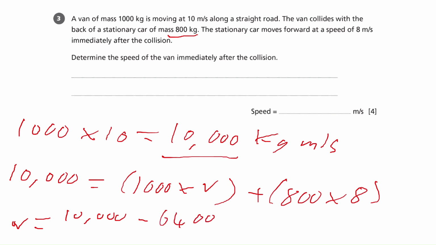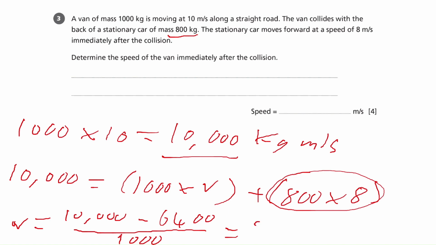Where did I get that 6,400 from? That is the 800 times 8. Divide that by 1,000, which gives us an answer of 3.6 meters per second. So we can see there that now is the speed of the van after the collision.